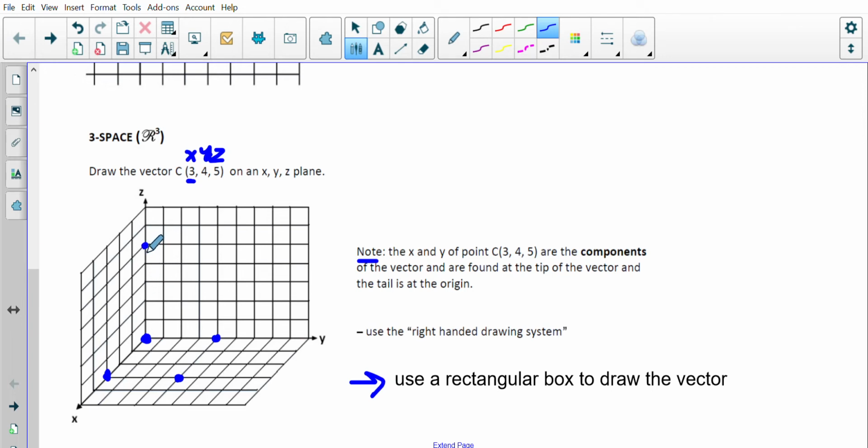And to include our x and y values, from that z value I go towards me 3, and from that z value I go right 4. All right, you can see this is developing a box, and I'll draw that box in here.